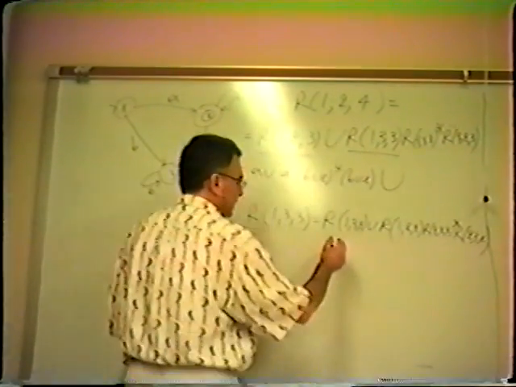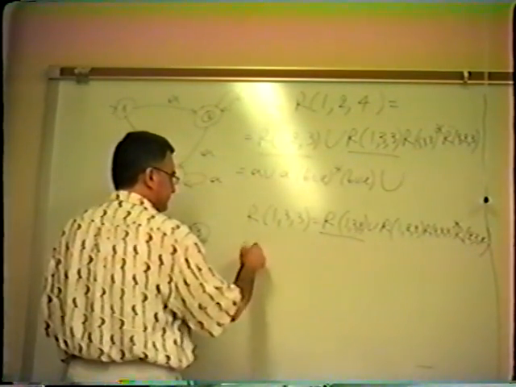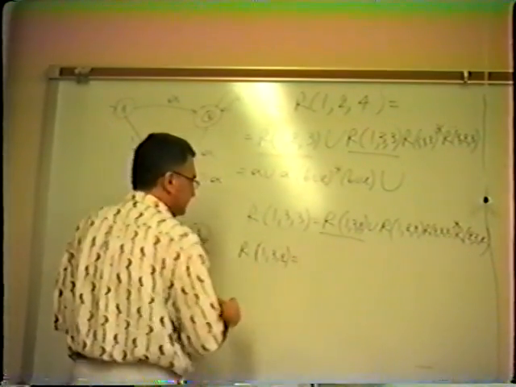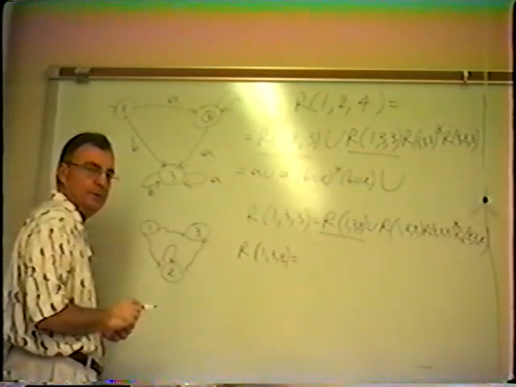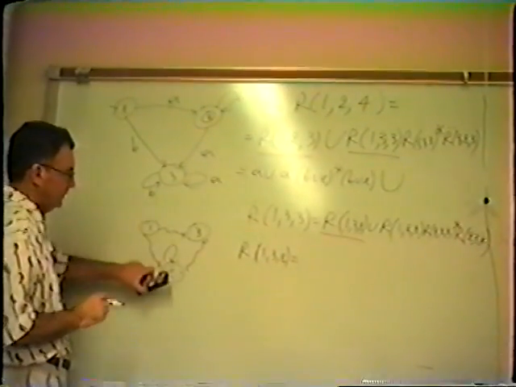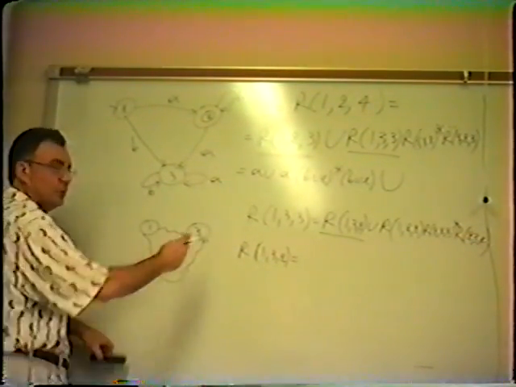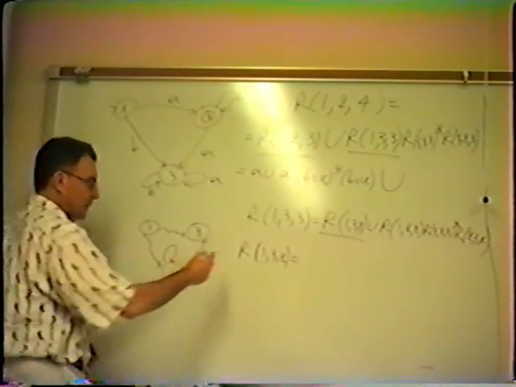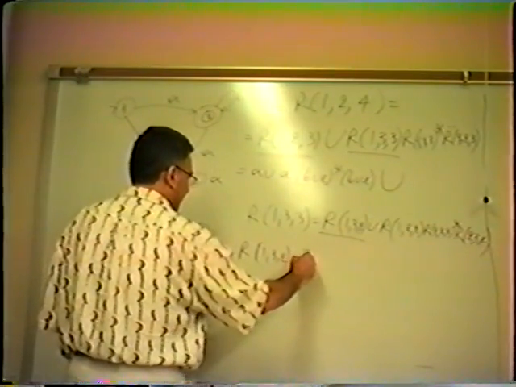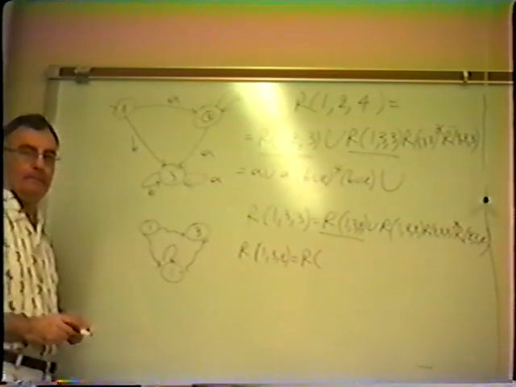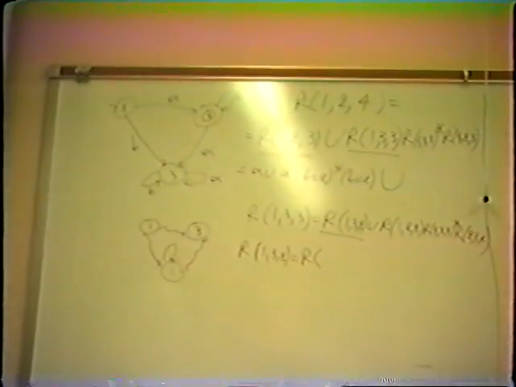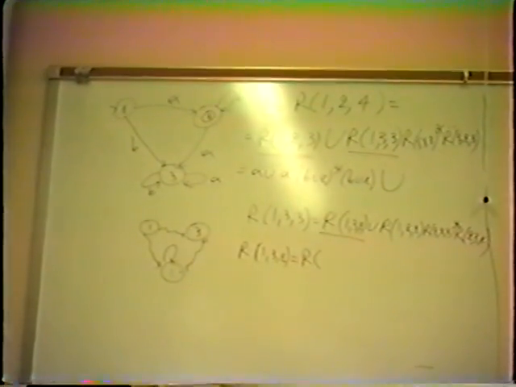Okay, let's take this one. 1, 3, 2. The highest I'm allowed to go, I cannot go 2 or higher. Highest is 1. What is this? Someone else, try to do this one.